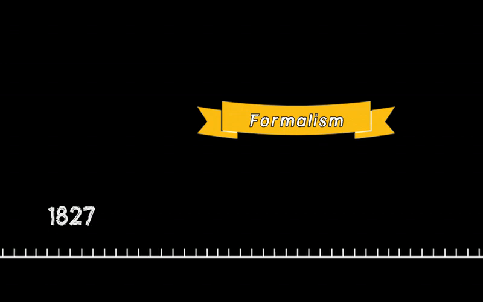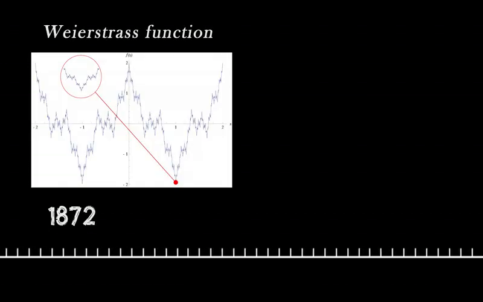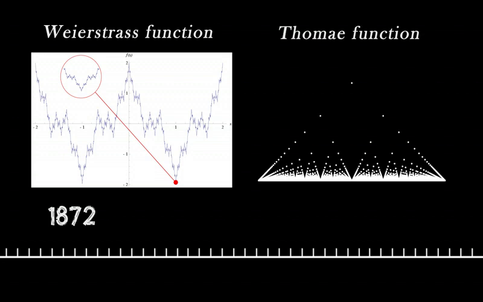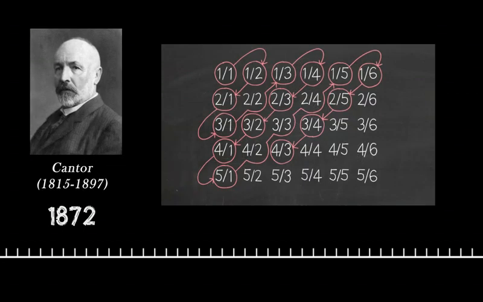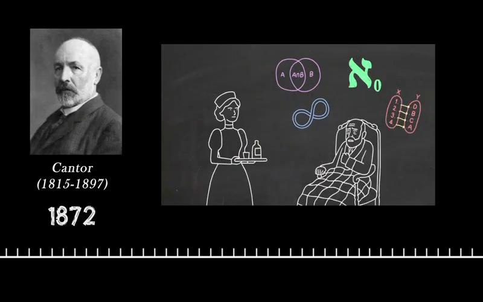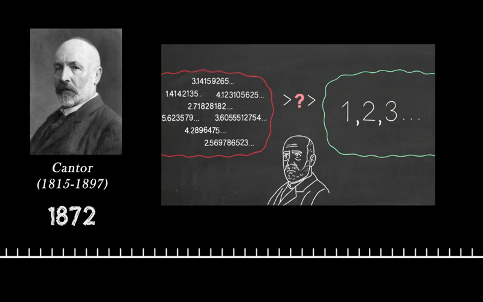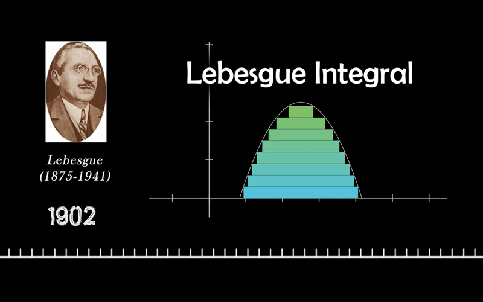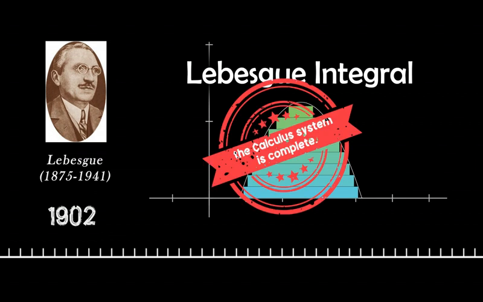With the prevalence of formalism, new questions emerged. Mathematicians employed logically rigorous tools in concocting a host of strange counterexamples. Driven by these questions, Cantor, Lebesgue, etc. established the theory of real numbers and integral theory, and it was declared that the calculus system had been complete.